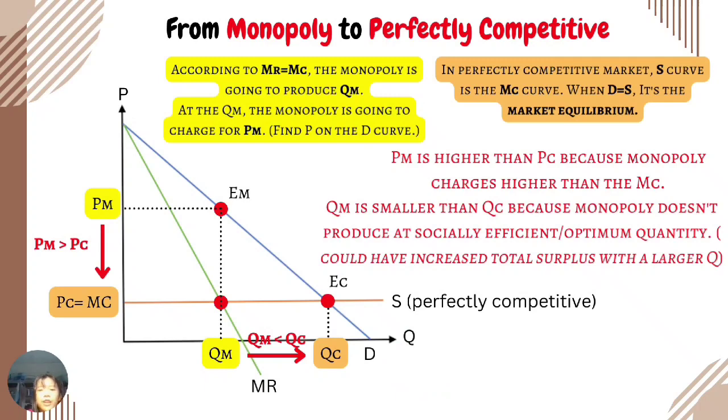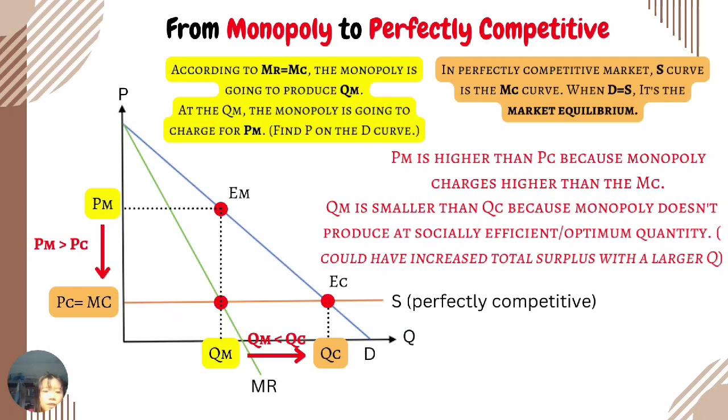And in perfectly competitive market, the supply curve is the MC curve, and we need to find the equilibrium when the demand curve crosses the supply curve, which is here. The perfectly competitive equilibrium will be PC and QC.